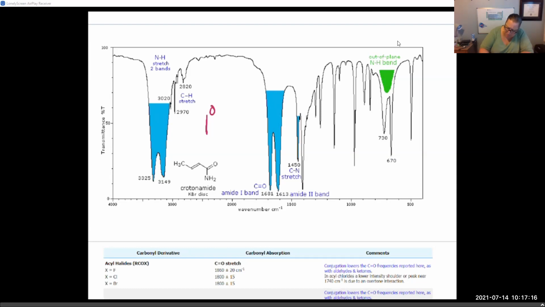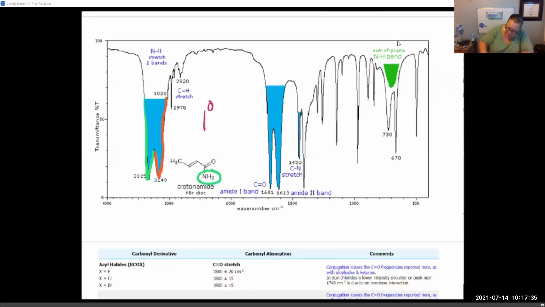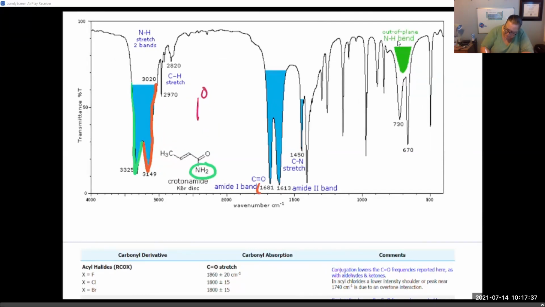Something we see for a primary amide is that I have these 2 hydrogens, so I'm going to have 2 different nitrogen-hydrogen stretches. And as a result, I have 2 carbonyl stretches, and they are referred to as the 1 or the 2 band.